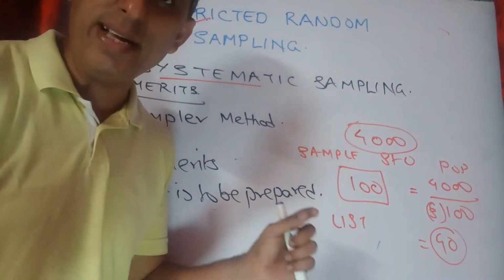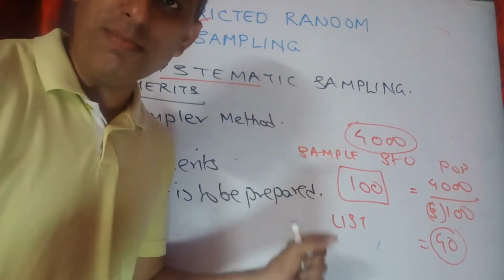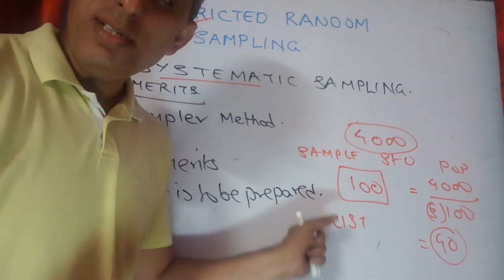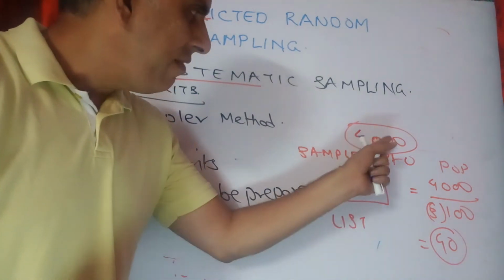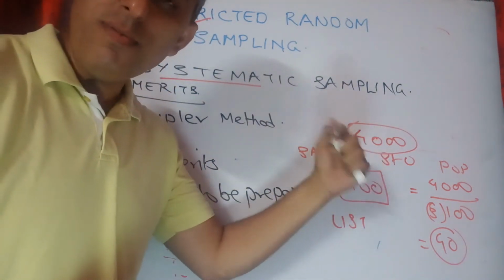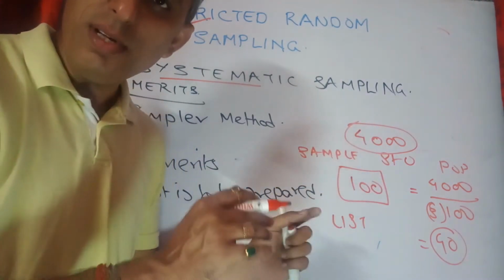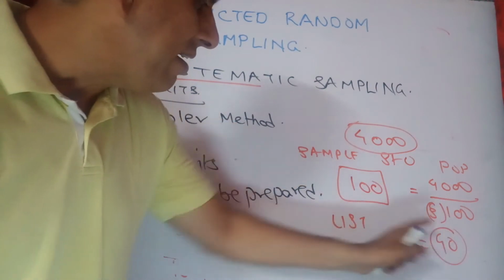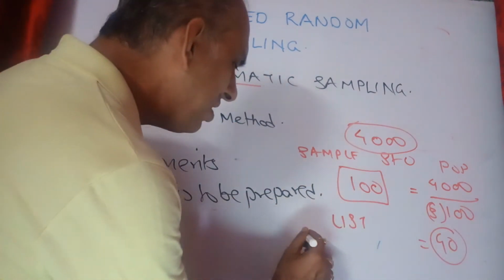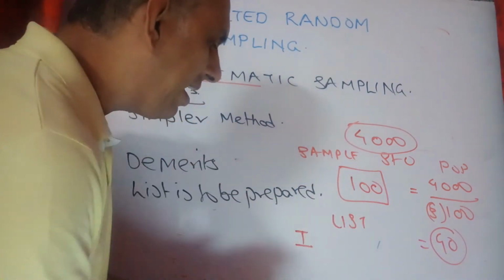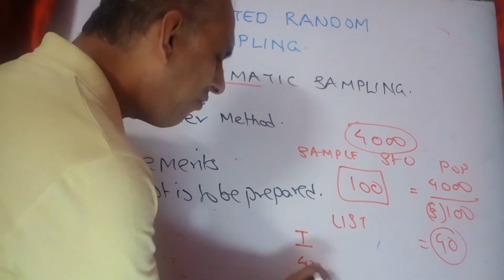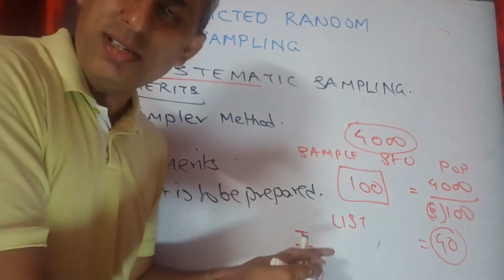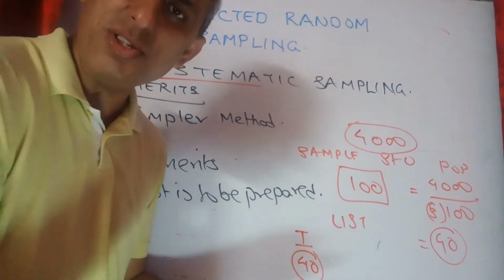For simplicity, we have taken a very nice whole number. The first student is from nursery, the last, 4,000th student, is from 12th. So, the answer comes to 40. We take the first child for our sample being the 40th number in that list. Maybe he's coming from nursery, right?